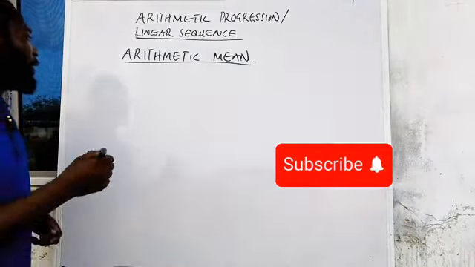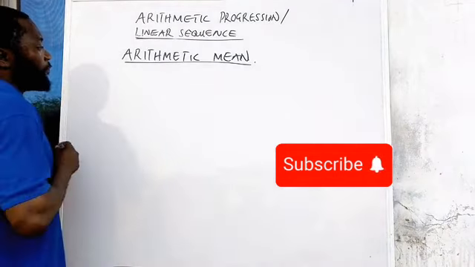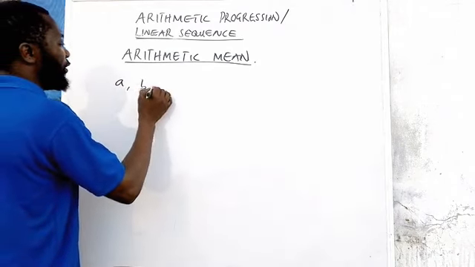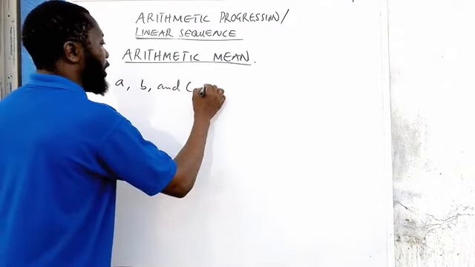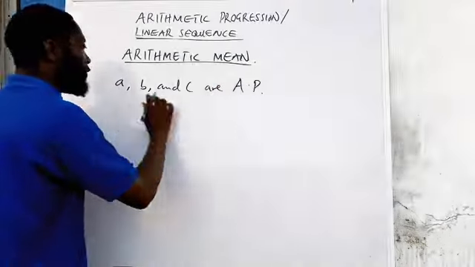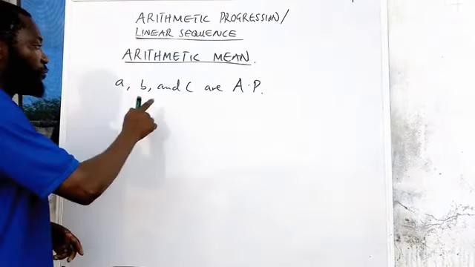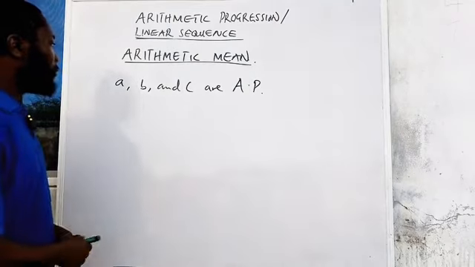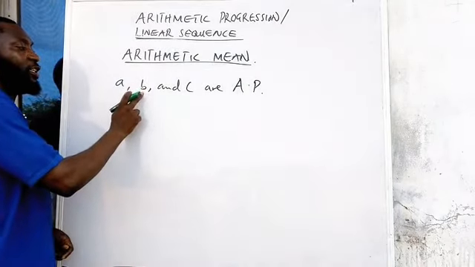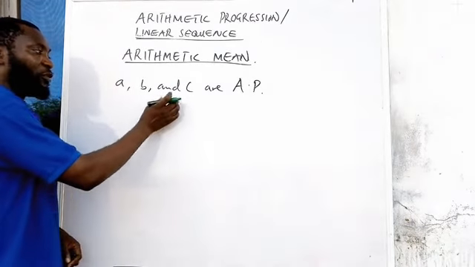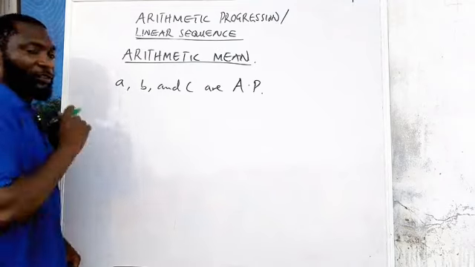When you have the terms A, B, and C in AP, suppose A, B, C are in arithmetic progression, then we say B is the arithmetic mean of A and C. Why? Because it's between A and C.